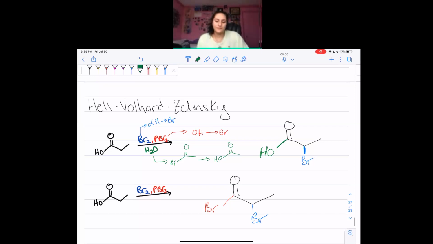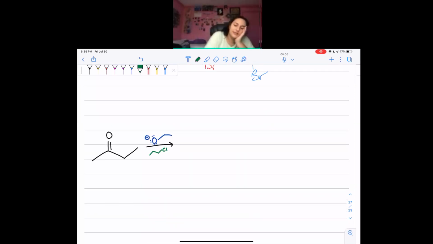You're welcome. Okay, so alkylation is fun, if you can spell it right. For an alkylation, you're essentially using this guy as a base, and you're using your alkyl halide as your R group. So you're going to take this part of the alkyl halide, and you're going to stick it onto the alpha carbon.